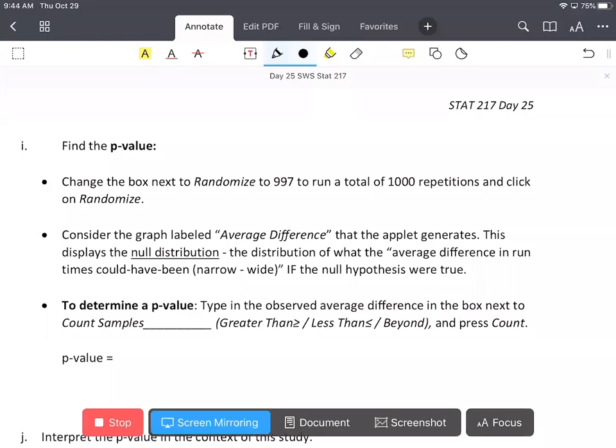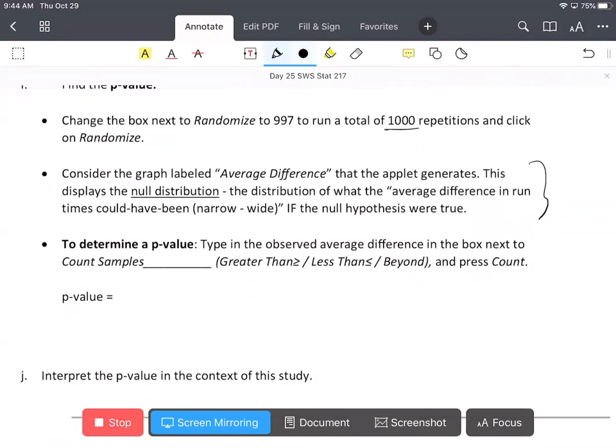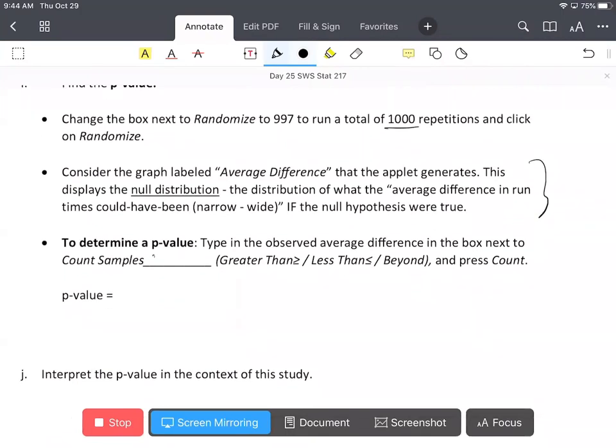So back to the notes. We had already done this. We had gone to 1,000 repetitions and we clicked randomize and we talked through this. So we also came up with a p-value, and remember to count the samples. This is beyond, remember, 0.075.